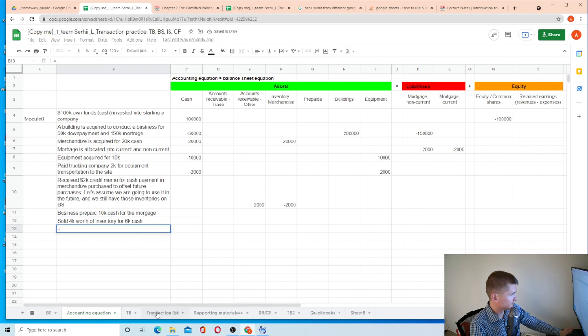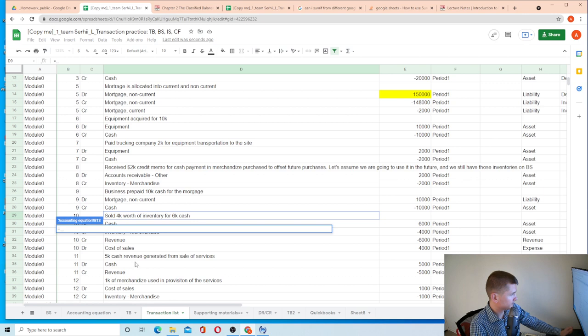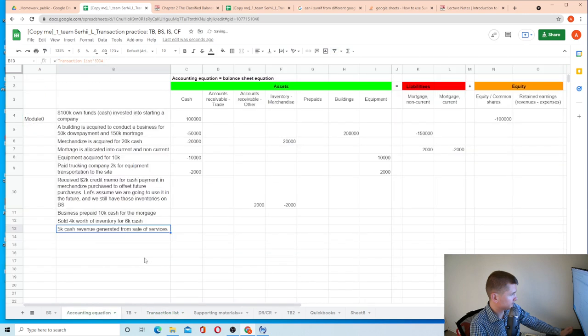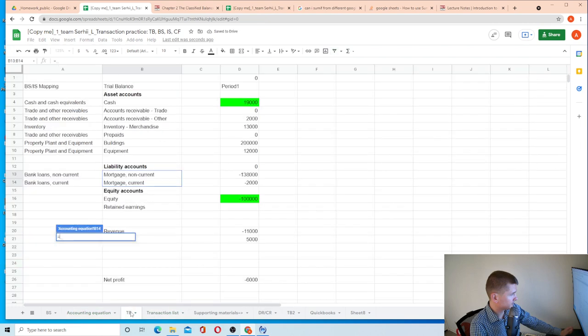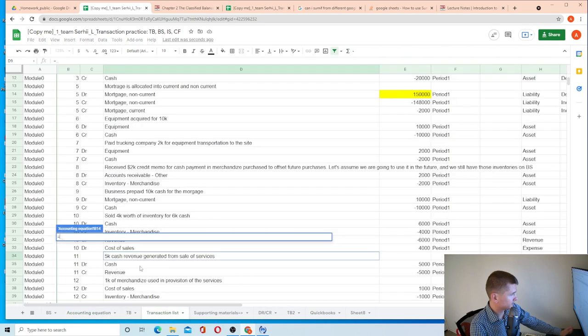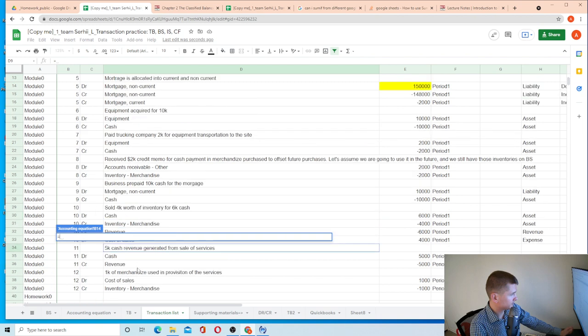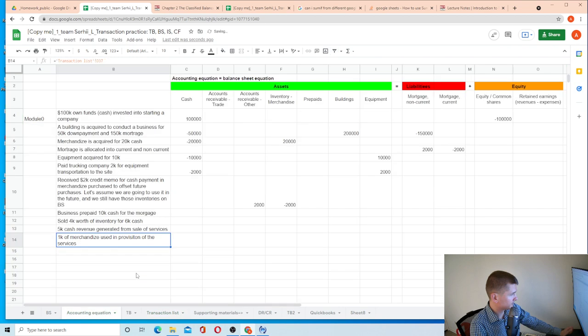Sold inventory, generated sale of services, and used merchandise in provision of the services. Okay, prepaid cash.